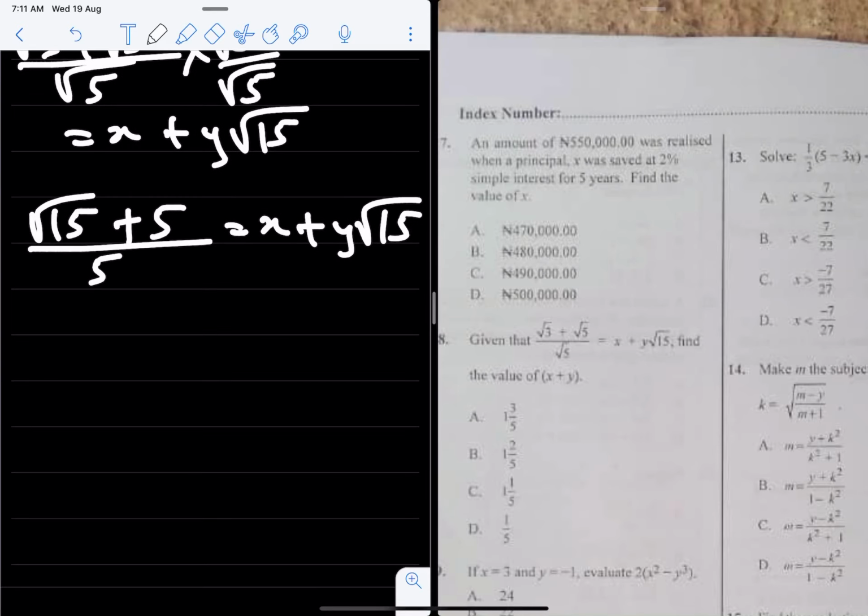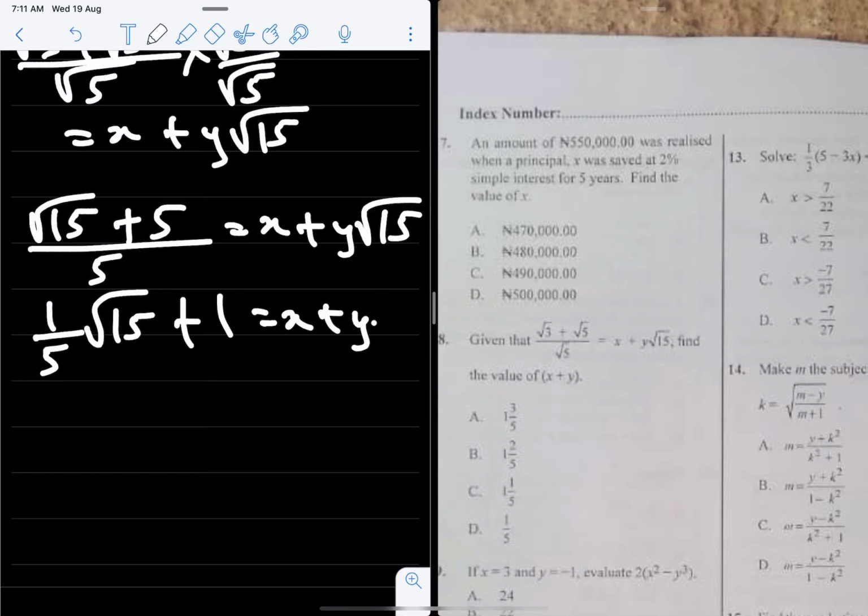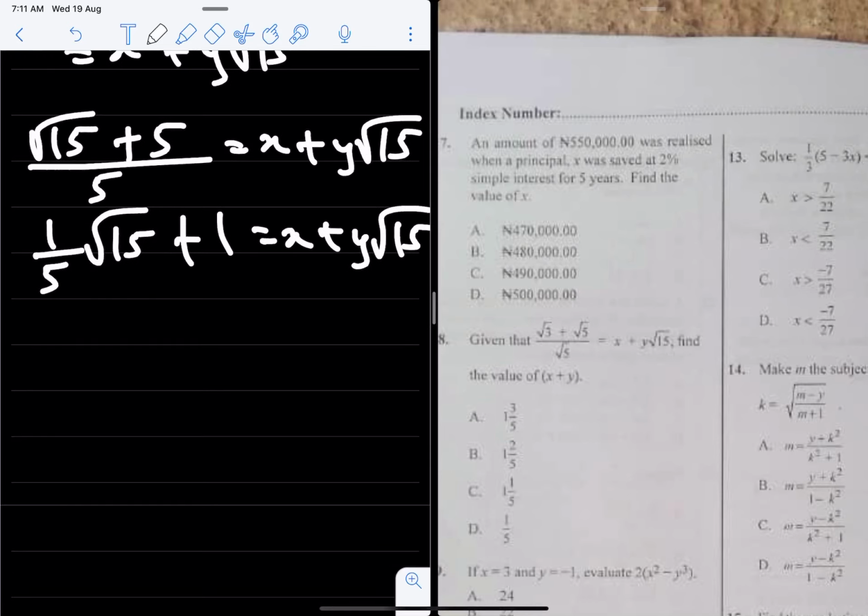And that simply means root 15 over 5, which is the same as 1 over 5 root 15, plus 5 over 5, which is 1, equals x plus y root 15. And now what do we do? This simply means x equals 1 and y is the coefficient of root 15.